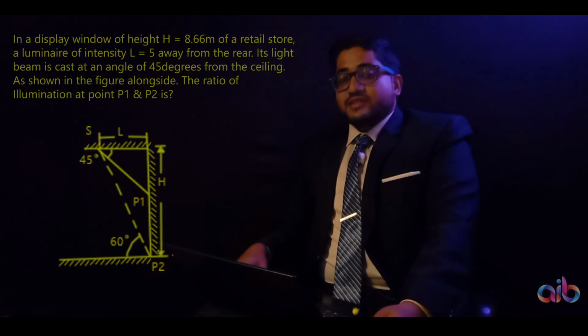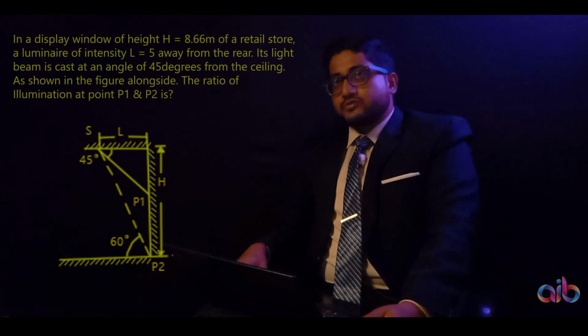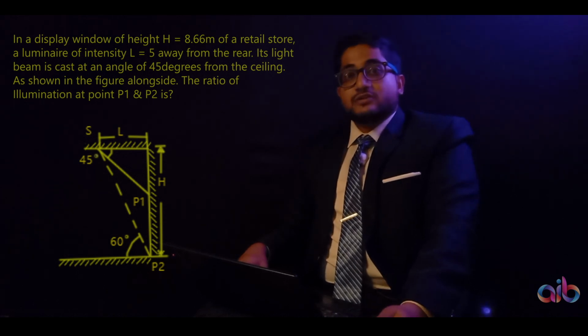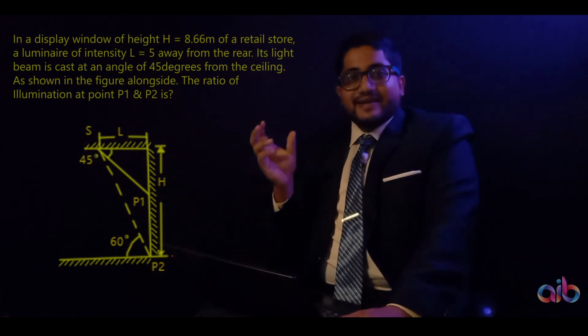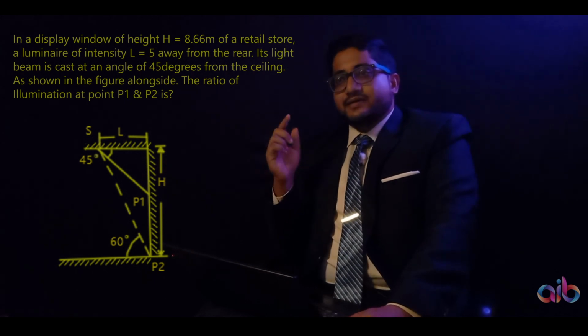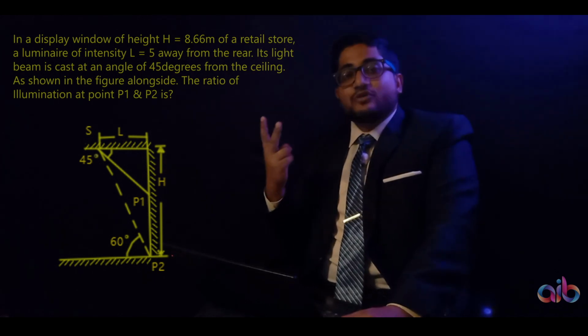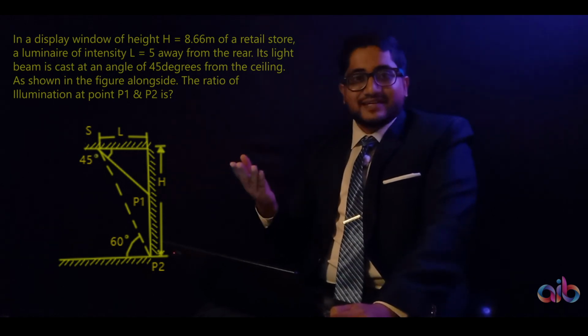And the final question is so easy, I don't want to solve it live, but given the concepts that I have shared with you now, I expect you to be able to do this. Give me the answer in the comments or reach out to us, and for those of you who are unable to solve it, I will myself share the solution in private. It says a display window has a particular height, it is 5 meters away from the wall, and it is sending out light which is incident at 2 points, one at an angle of 45 degrees and the other at an angle of 60 degrees.